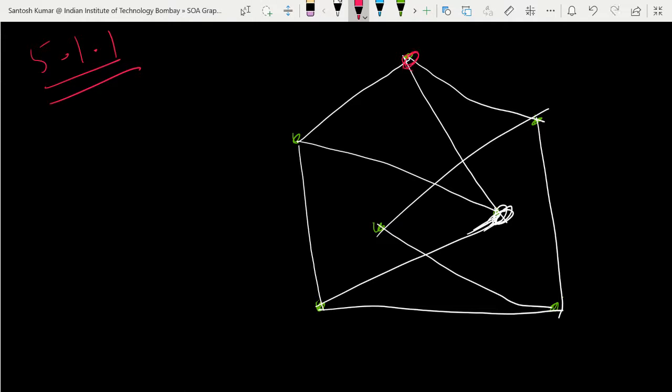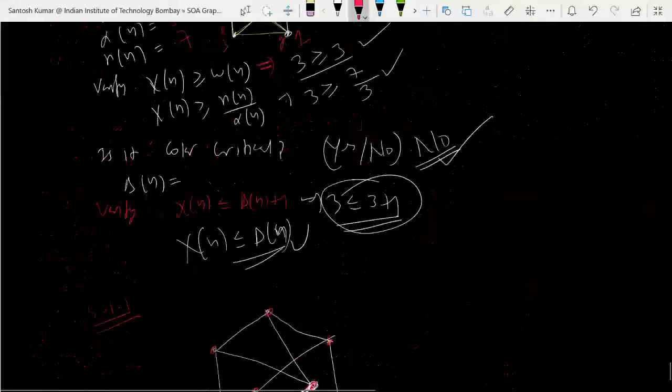Let me count: 1, 2, 3, 4, 5, 6, 7 vertices are there. Another edge is missing, sir. Okay, one minute, let me count the edges.